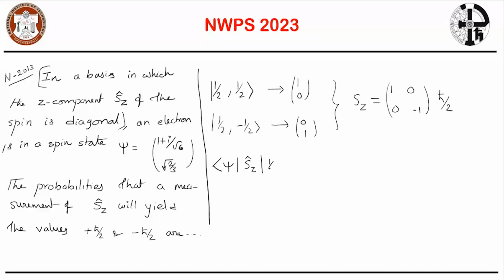That means it's spin plus half. This is the probability. If you measure Sz, this tells you the probability that it should give you this value.